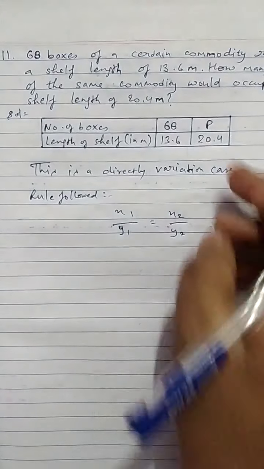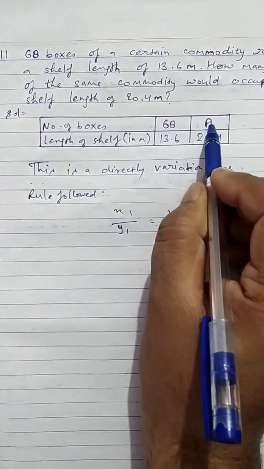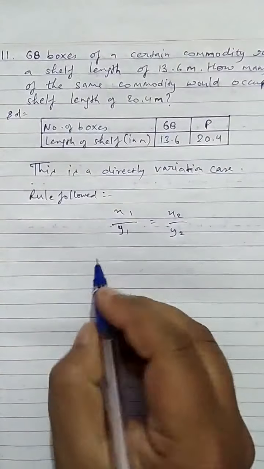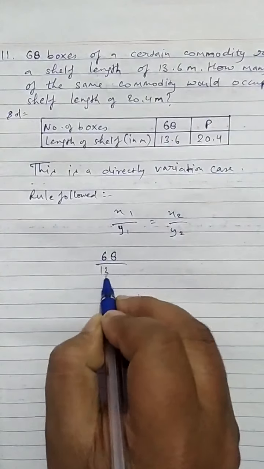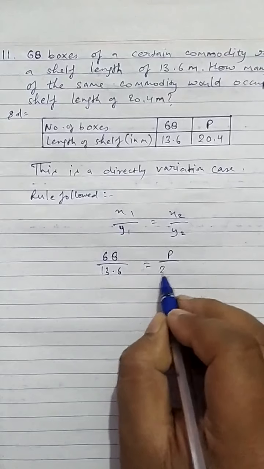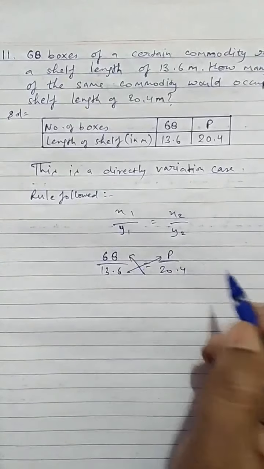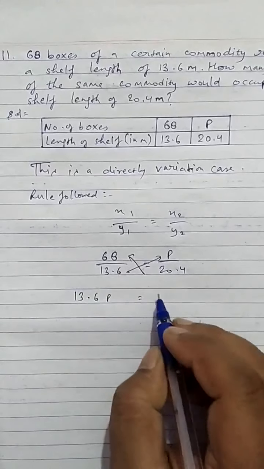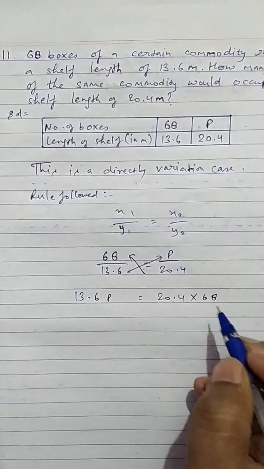Means this is x1, this is x2, this is y1, this is y2. So we'll put it the same way. 68 upon 13.6 equals p upon 20.4. Now cross multiplying, 13.6p equals 20.4 multiplied by 68.